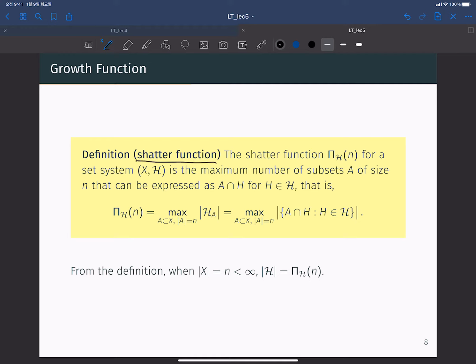The shatter function, pi_H(n) for the system X, H, is the maximum number of subsets of A of size n that can be expressed as the intersection of A with H for each H. So how many different functions can be defined on subset A using the given hypothesis set H.